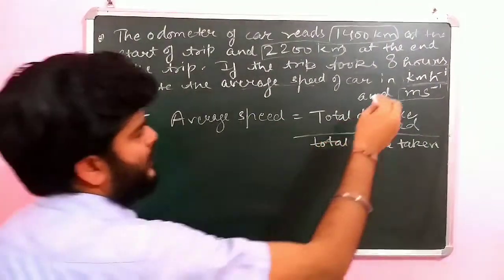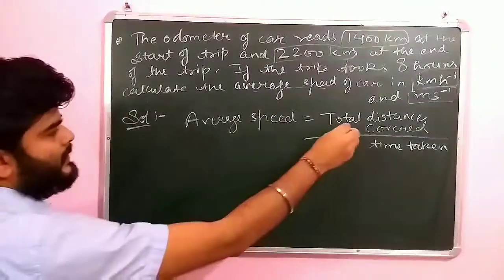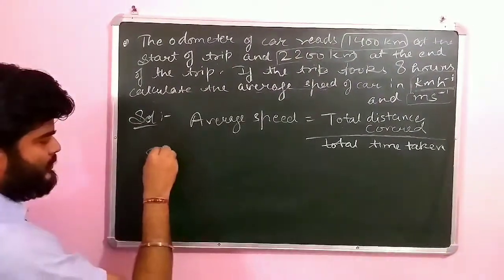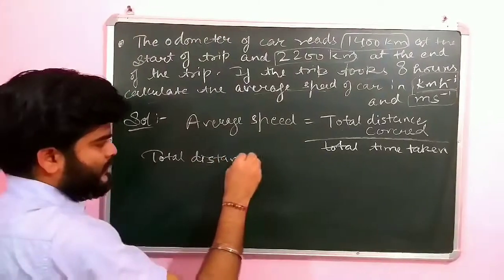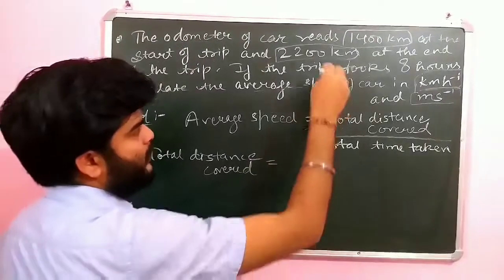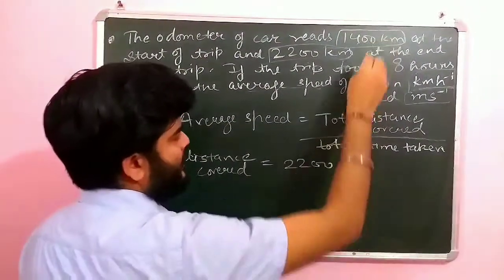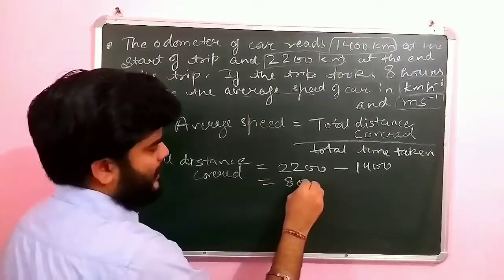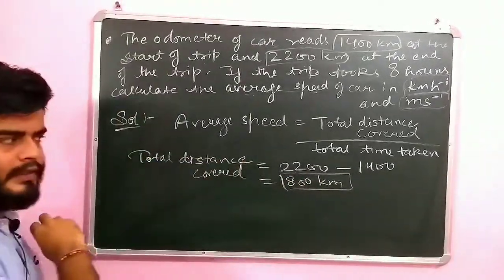Let us first calculate average speed in terms of kilometers per hour. Total distance covered, we have to find out from here. Because at the end it was 2200 and initially it was 1400, it means 800 kilometers distance was covered.